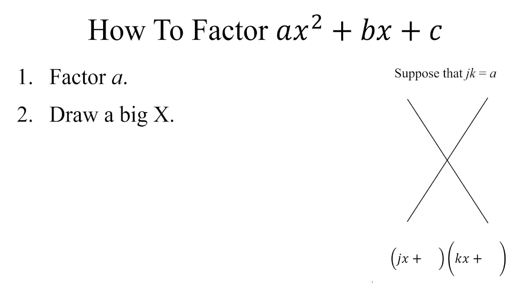Next, you're going to draw a big X. Now, in the top section of that big X, it's going to be the product of the leading coefficient and the constant. And in the bottom portion will be the coefficient of your middle term, which is also called your linear term.